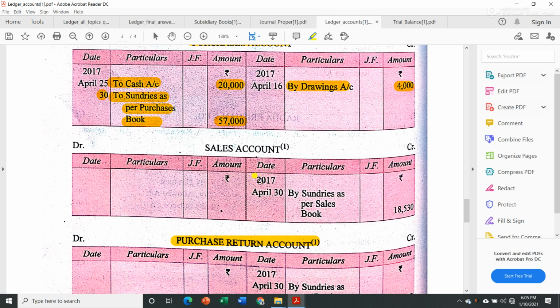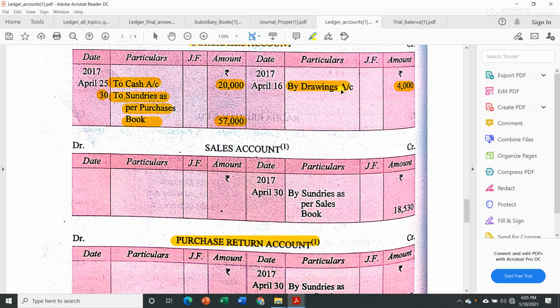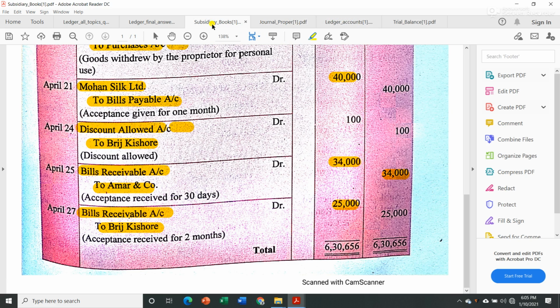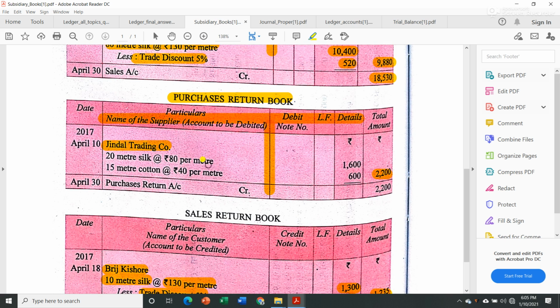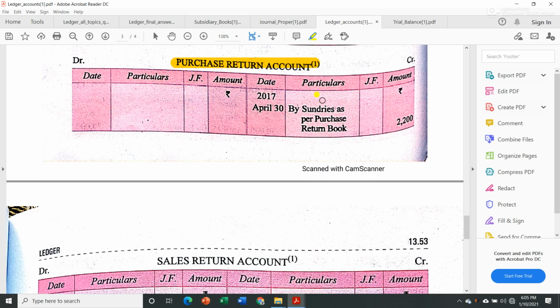Now the next is our sales book. The total we got is 18,530, so we will write on the credit side by sundries as per sales book 18,530. Then next we have the purchase return book. We got a credit total of 2,200. So in the ledger purchase return account we will write on the credit side by sundries as per purchase return book 2,200.